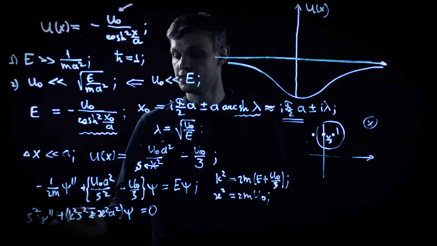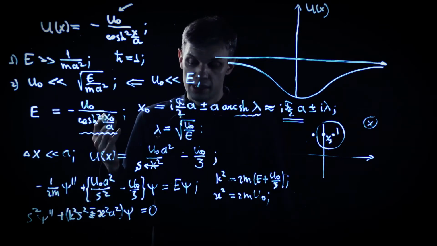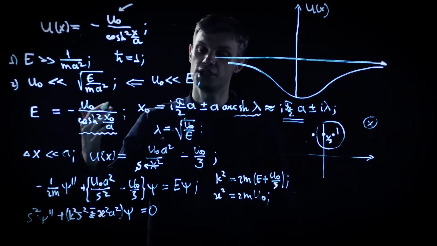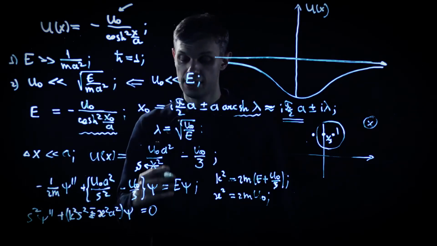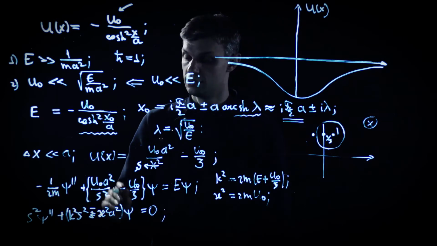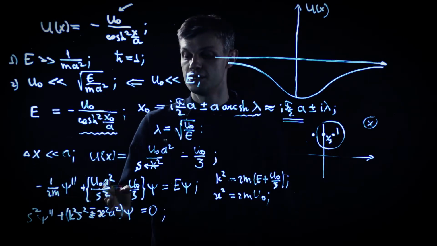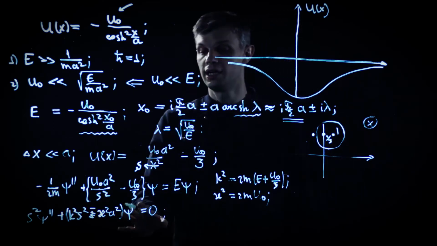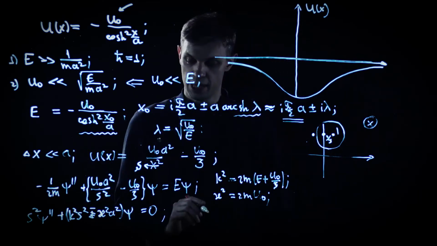So first of all, we see that it has this quadratic term, and we get rid of this quadratic term and reduce this equation to the equation with coefficients linear in s. In the standard manner, we look for asymptotics at large and small values of s, and then we substitute psi with a more suitable ansatz.